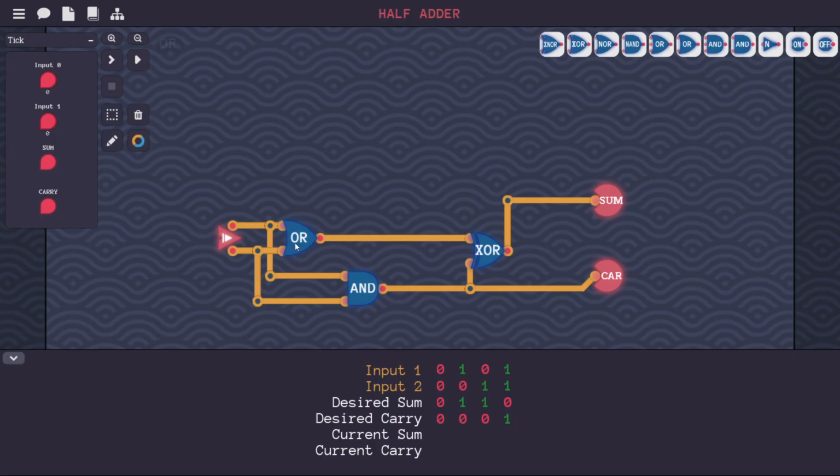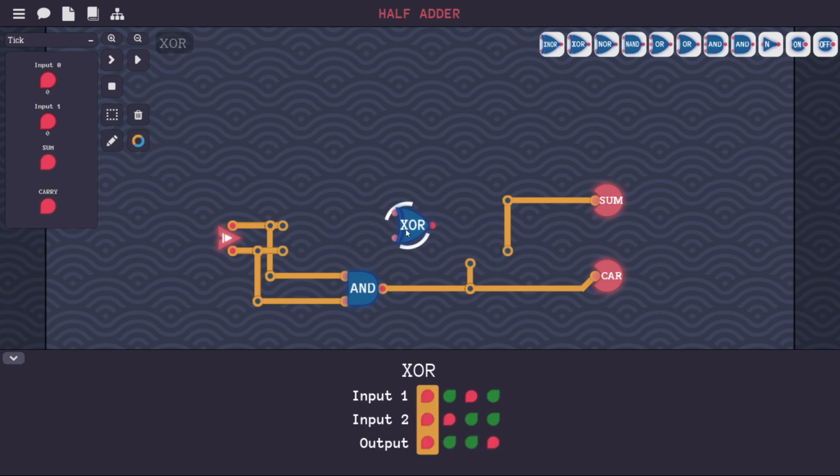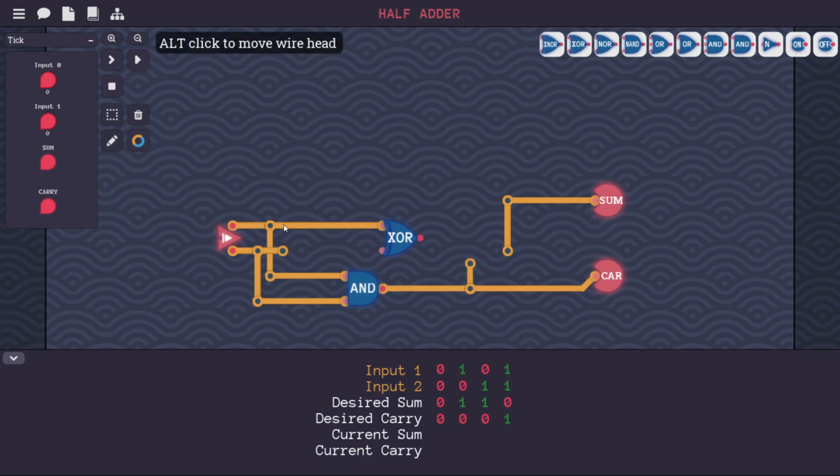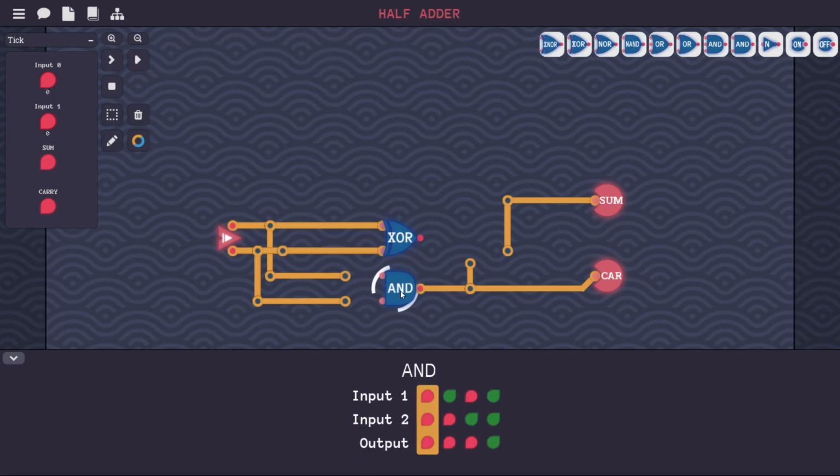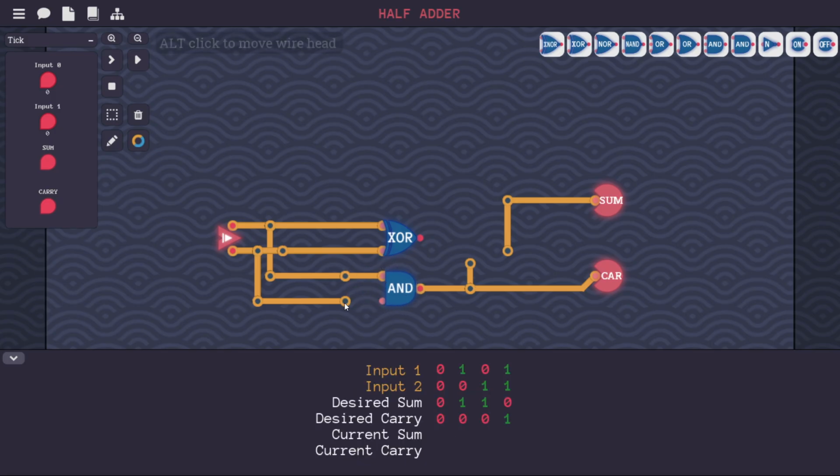A clean adder, according to Google, looks something like this. We just have the XOR and the AND gate.